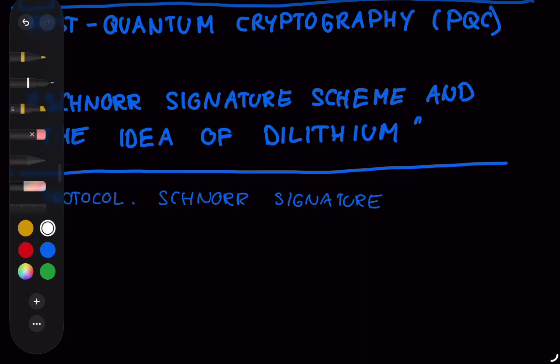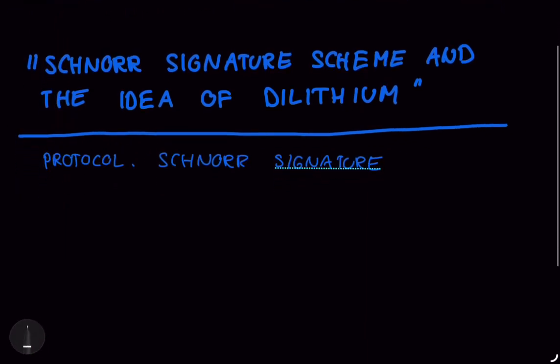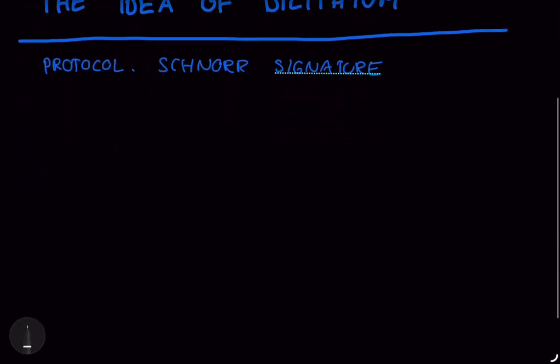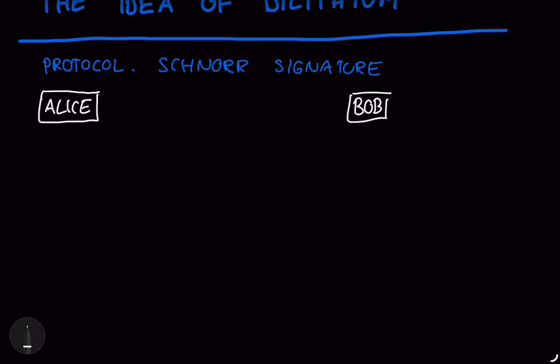and as always when we have a kind of protocol, we write down our two actors. On the left hand side we have Alice, and on the right hand side we have Bob. And the goal is that Alice signs messages and Bob can verify these messages. What is the algebraic structure of the Schnorr signature scheme?